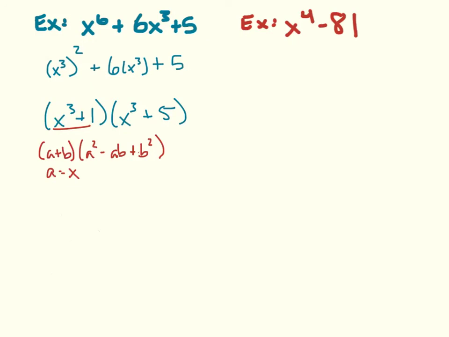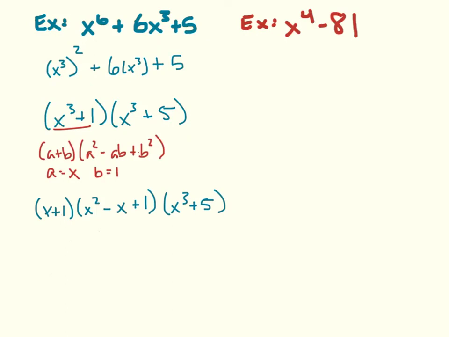Just x. And my b is going to equal 1. So my answer will be x plus 1 times x squared minus x times 1 is x plus 1 squared, so 1, times x cubed plus 5.